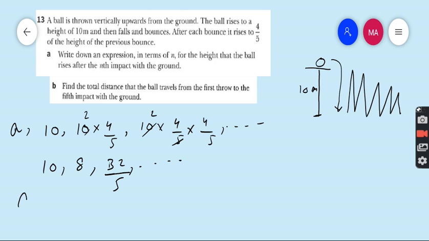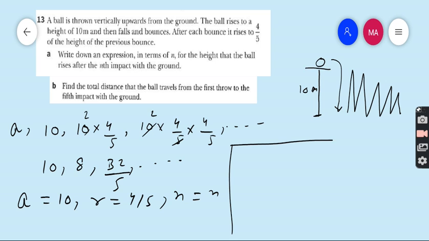In this geometric sequence, a is 10, obviously r is 4 upon 5, and n is n. Now we have to use the formula Tn equals a r to the power n minus 1. But one thing which is very important, for example, look at this.